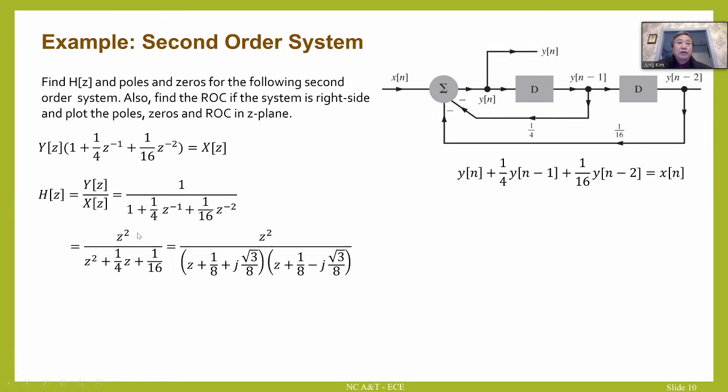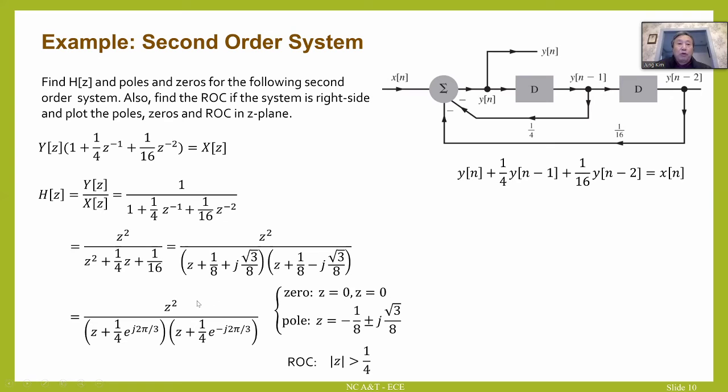If you factor this polynomial, you can use a factor or solve function, whatever you like, to find the roots. In this case, we have two zeros and two poles. The zeros are at z equals 0, the same point.